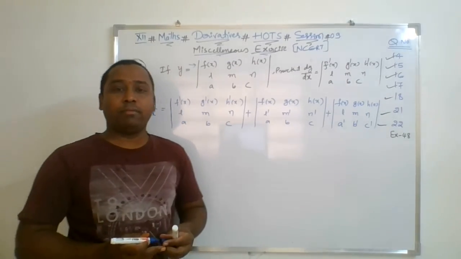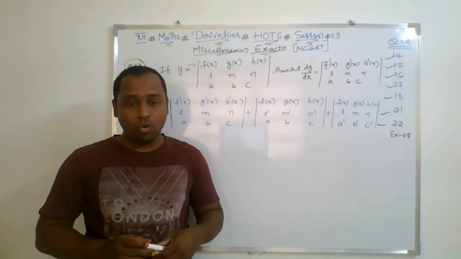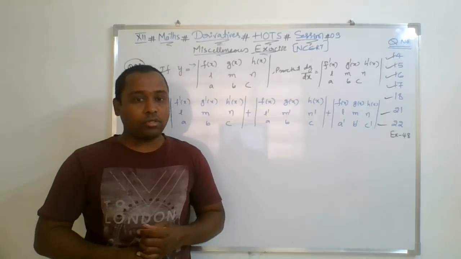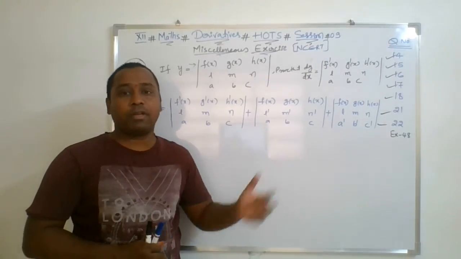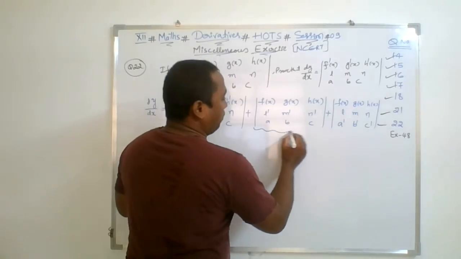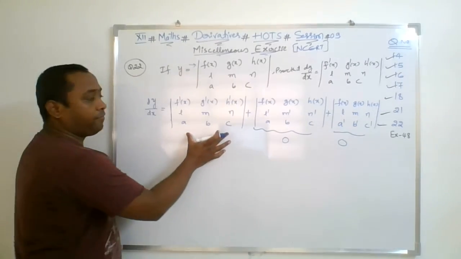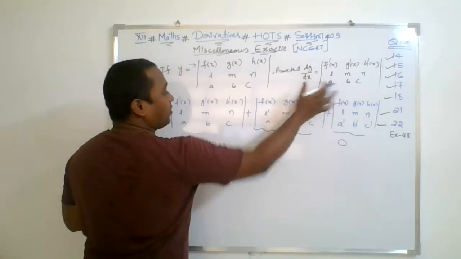And the determinant value is 0 if the entire row is zeros or the entire column is having zeros. Hence, the determinant value of this and this becomes 0, only we are left with this, that is your answer.